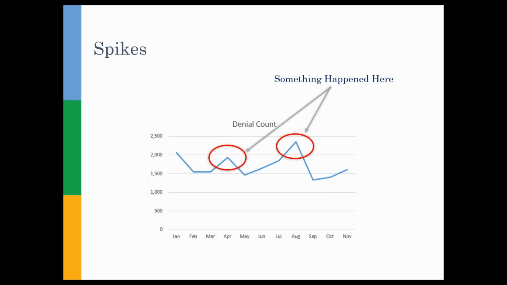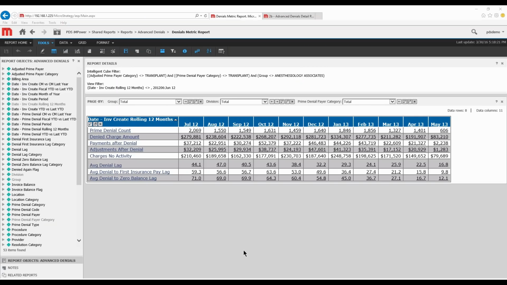So what we can do in situations like this is open up an analytical tool. Now, there are a lot of analytical tools out there that can perform analysis like this, but this is something where you can go in and look on this trend, and you can see, say in January, how there was a large spike in our denied charge amounts that was very much outside of the norm.